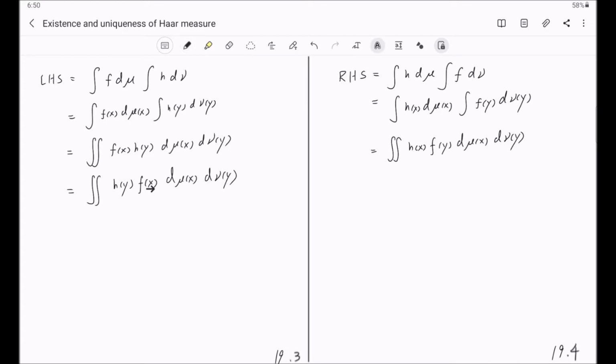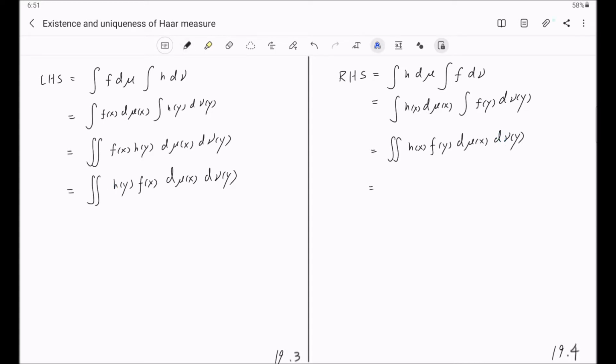So you see the integrand of left-hand side and right-hand side are pretty similar to each other, except for the rows of x and y. And our next goal is to try to turn the right-hand side into the left-hand side.